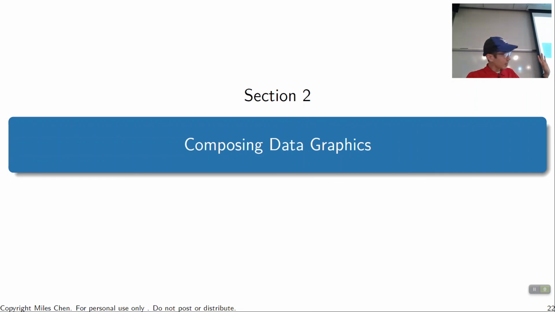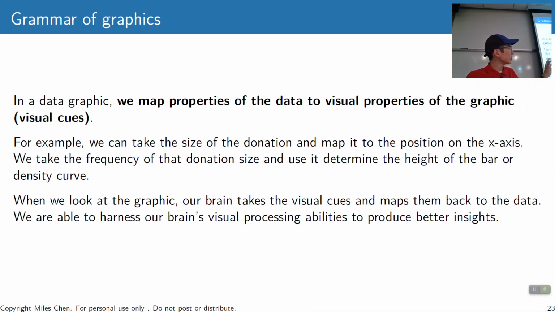But a key part of ggplot is that the GG in ggplot stands for Grammar of Graphics. A key and fundamental idea is that we are going to map properties of the data to visual properties of the graphic. One example was we took the size of the donation, this numeric quantity.